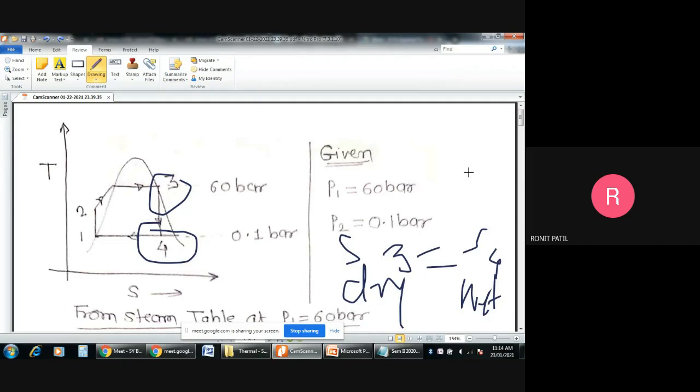That is wrong. The MM Rathod book has not been received by you, Ronit? No, sir, not yet. Okay, I will drop it on the group right now.